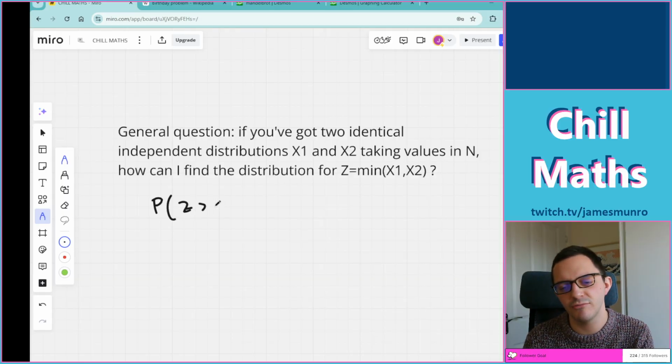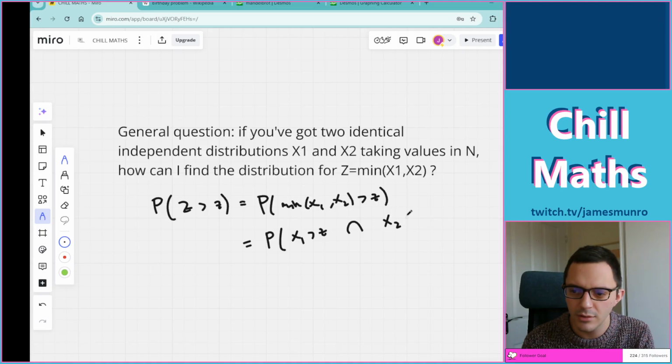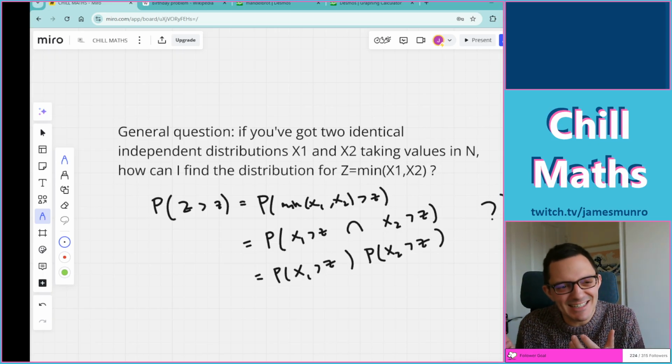Probability that Z is greater than some value is the probability that the minimum of x1 and x2 is greater than that value, which is the probability that both of them are greater than that value, which is, because they're independent, this might not be true. I can't remember how probability works. Is this how probability works?